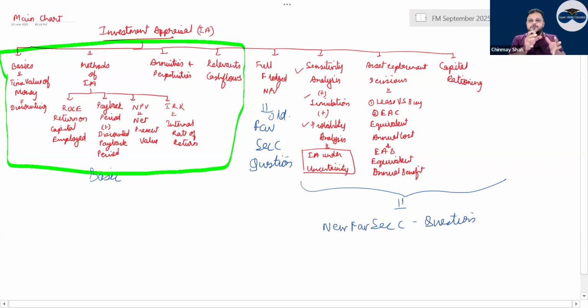A full-fledged NPV, sensitivity, asset replacement decision, capital allowance, ये सब. And एक बार googly डाली examiner ने. Once there was a smooth googly done by the examiner. ये दिख रहा है क्या ये 4, इस पे एक section C question डाल दिया.